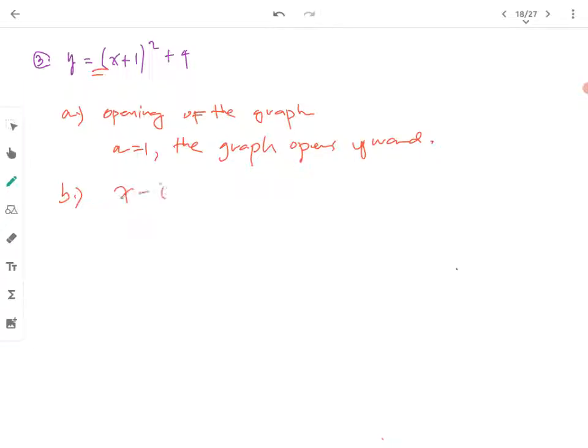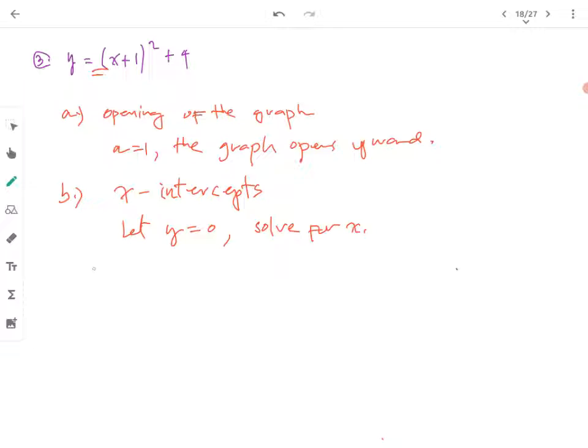Letter B, x-intercepts. The x-intercepts, we let y equals 0 and solve for x.